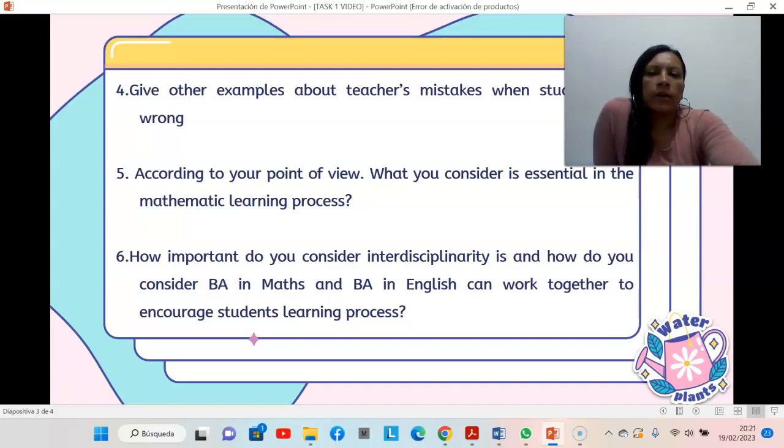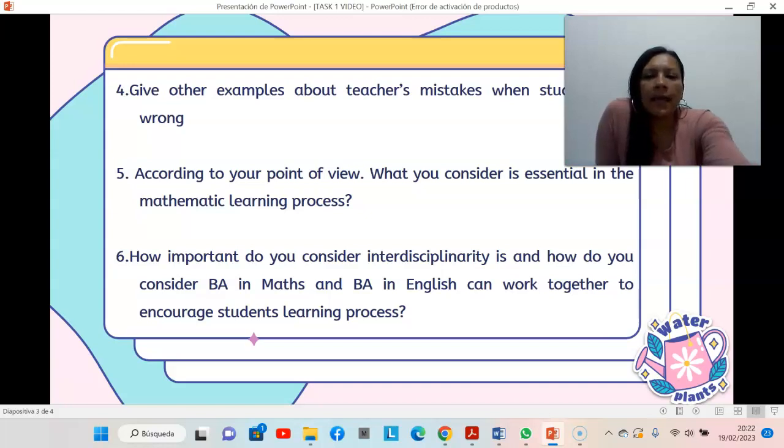5. According to your point of view, what do you consider essential in the mathematical learning process? Motivation. A student may have many mathematical skills, but if his or her motivation and attitude are not adequate, he or she will not be able to acquire the skill in the area.